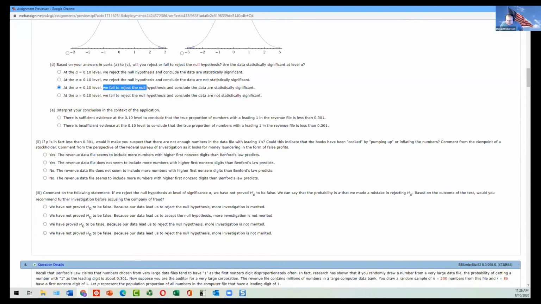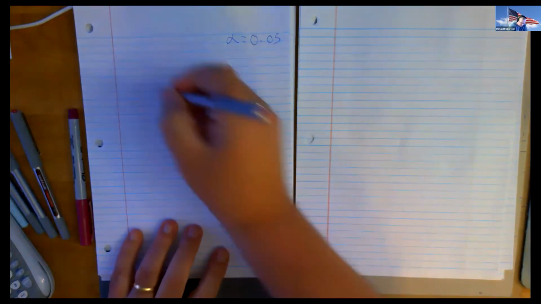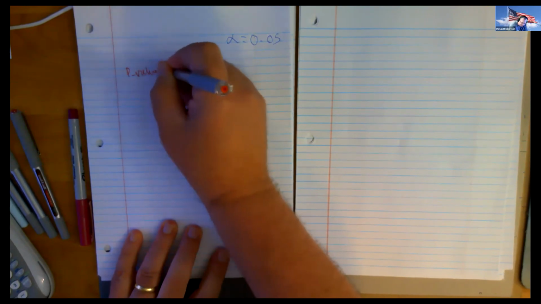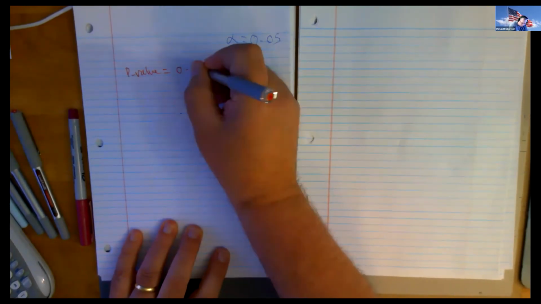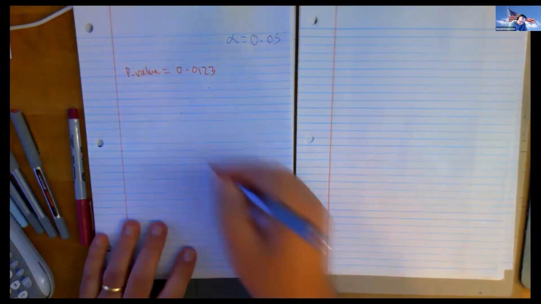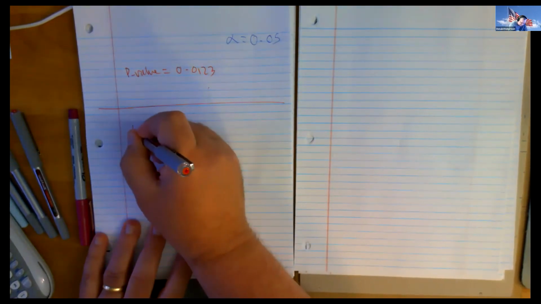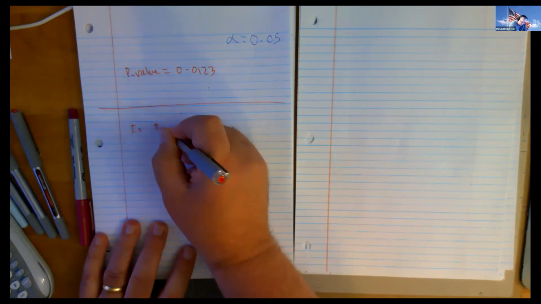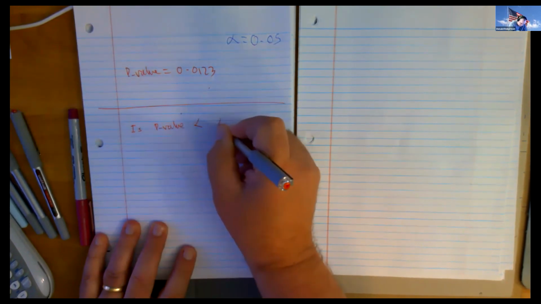Okay, let's show you that as a general way of looking at it. This works for any situation that you're finishing off, right? So let's suppose that I had a different story. The significance level was 0.05. I went and calculated the p-value, and it ended up being 0.0123. Then I would do my test, and I'd ask myself, is the p-value less than significance level alpha?